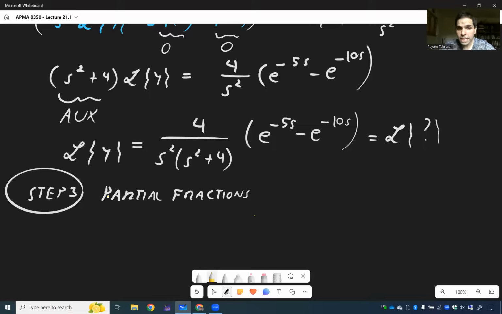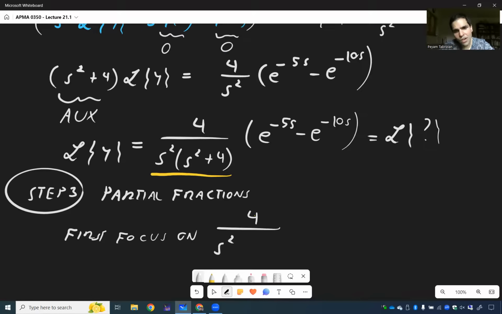Remember, what we do here is we first focus on the terms without exponentials, and then we add in the exponential term. So here, first focus on 4 over s squared times s squared plus 4.